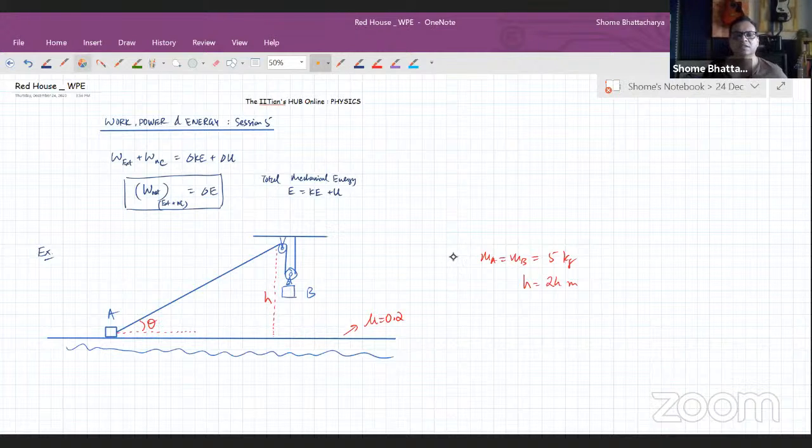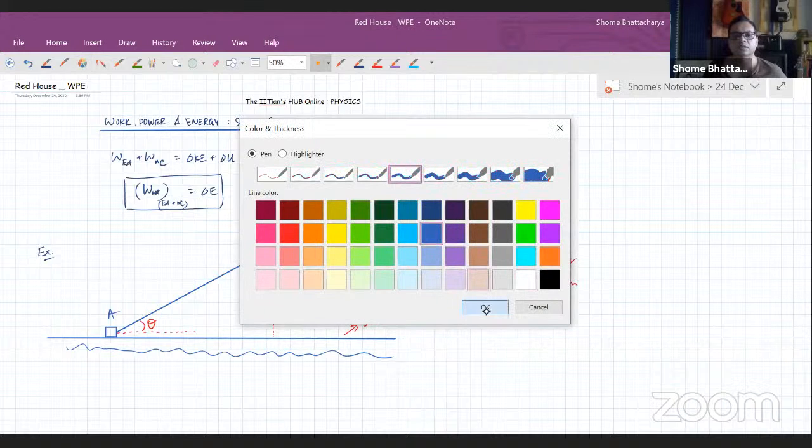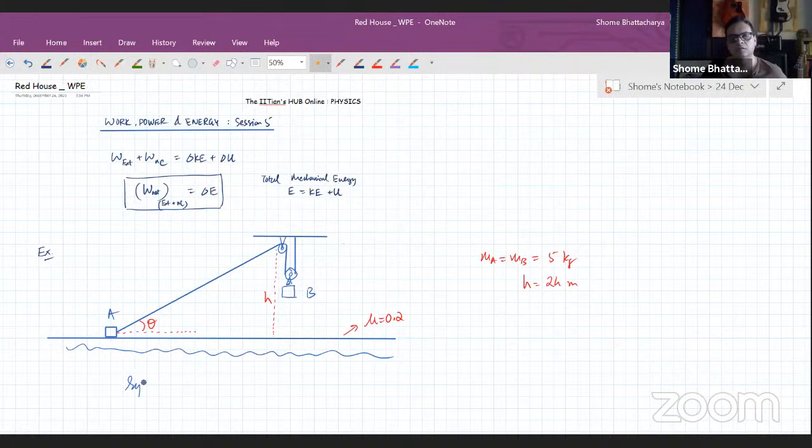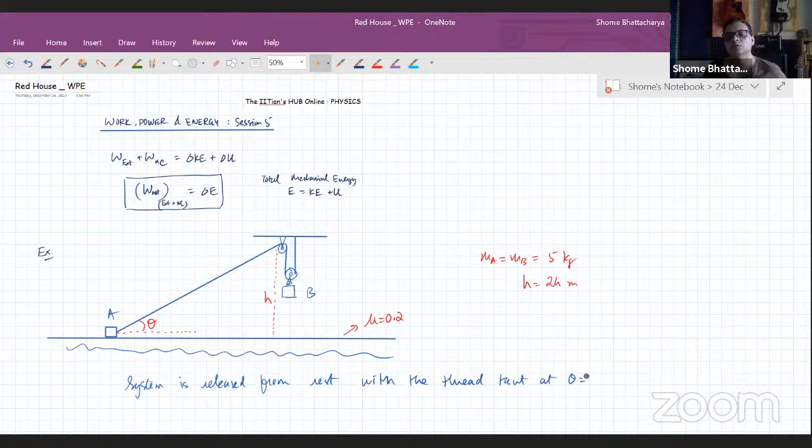Now the question says that this system is released from rest, with the thread taut, at theta equal to 37 degrees initially.